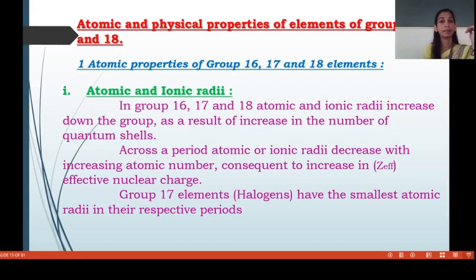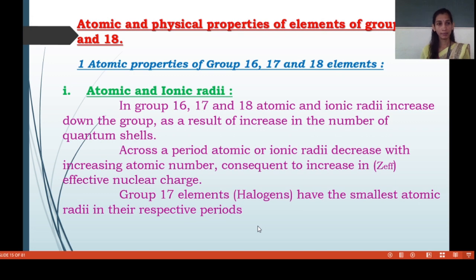The next topic is the atomic and physical properties of elements of groups 16, 17 and 18. First we discuss the atomic properties of groups 16, 17 and 18. The first atomic property is atomic and ionic radii.